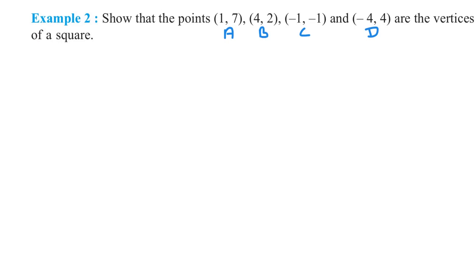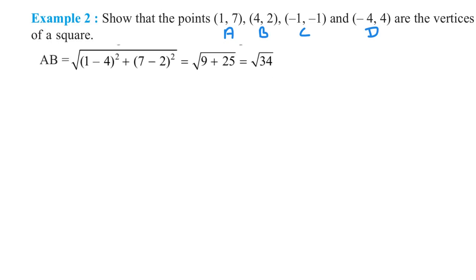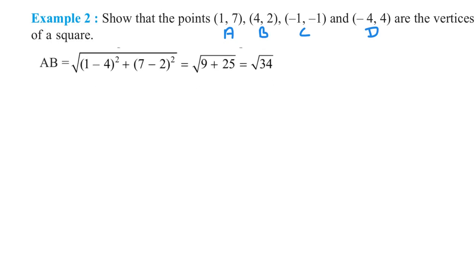So let's look at the distance formulas now. So if you apply the distance formula, AB is going to be x1 minus x2 the whole square plus y1 minus y2 the whole square, and that's going to give you square root 34.